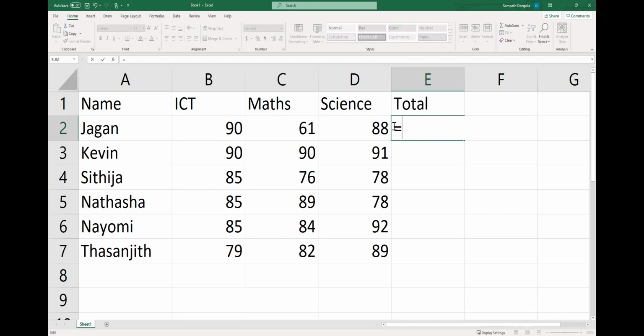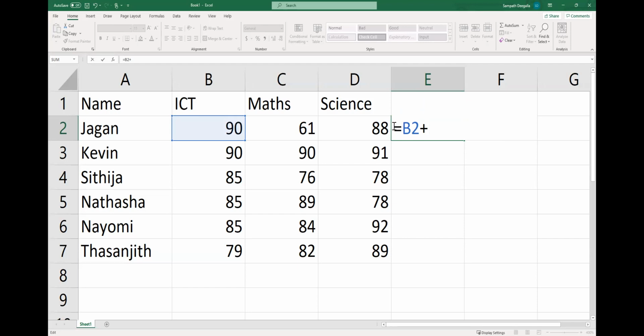Can you type in the chat? If you go to the column, it's B, and Jagan's name is in row 2, so we have to say B2. Okay, and then we can say plus.